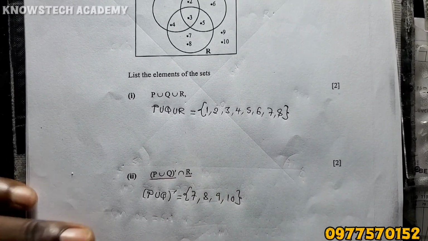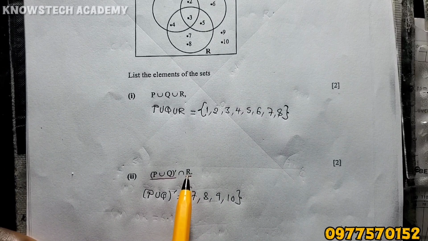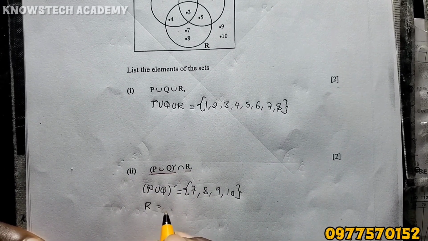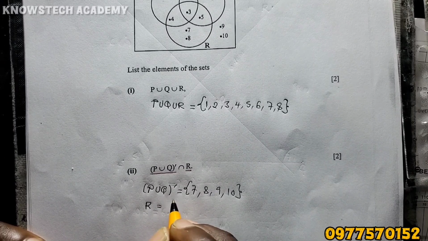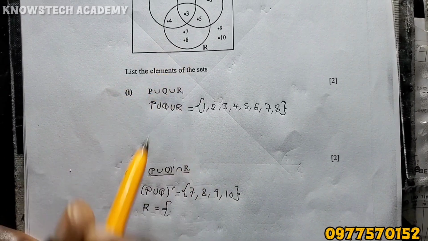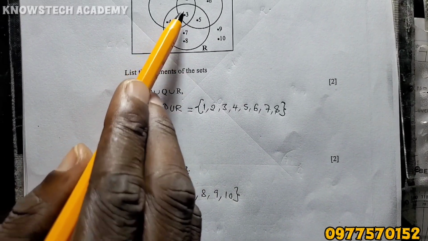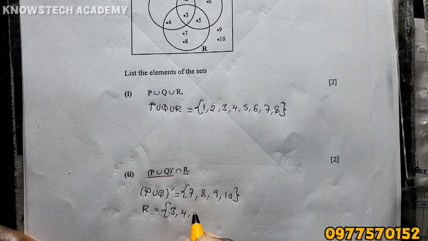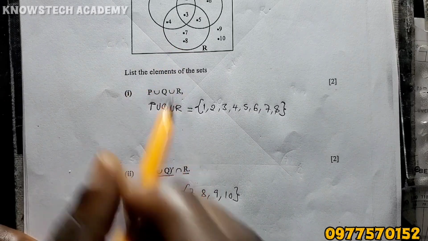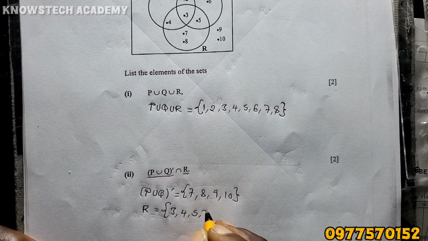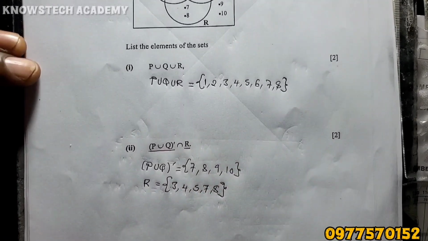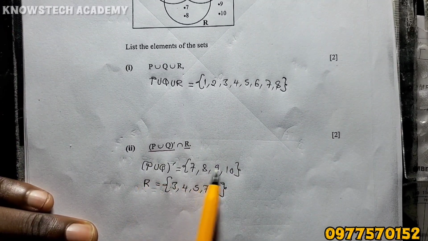Okay, then let's also list R. The members that are in set R are 3, 4, 5, 7, 8. Then they're saying what is common in this set and this set.